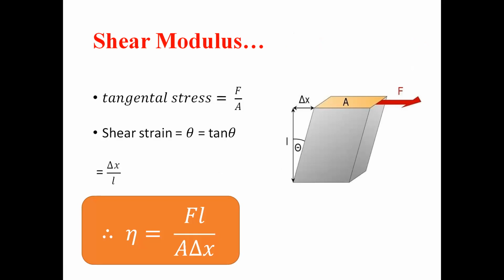Tangential stress equals load by area, that means F by A. Shear strain theta equals tan theta, the angle for the changing of shape, which equals delta x by L. That means change in length divided by original length. Nu equals F into L divided by A into delta x. This is the formula for shear modulus or rigidity modulus.